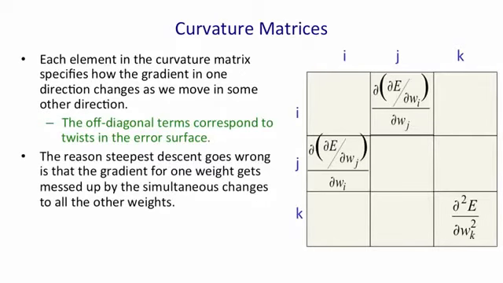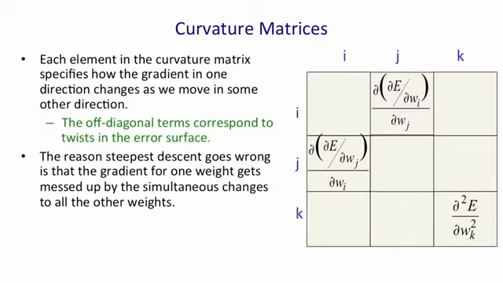So what's going wrong with steepest descent when you have an elliptical error surface is that as we travel in one direction, the gradient in another direction changes. And so if I update one of the weights at the same time as I'm updating all the other weights, all those other updates will cause a change in the gradient for the first weight.